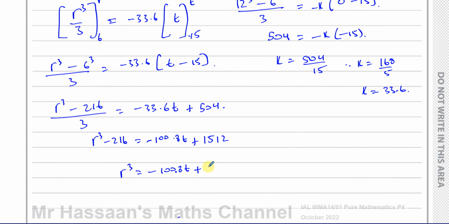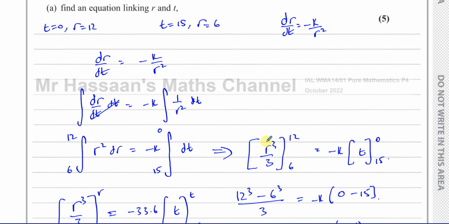That gives me 1,728. So there's my equation which links R and T together. Okay, just make that decimal point a bit clearer there. Minus 100.8 T. Okay, so there's our equation linking R and T together using differential equations.